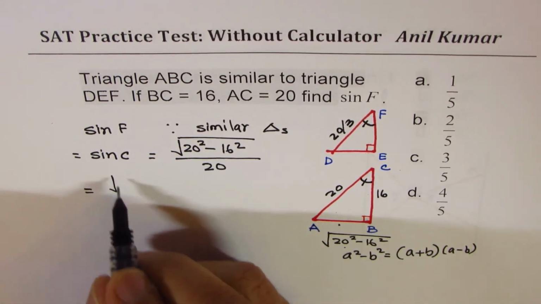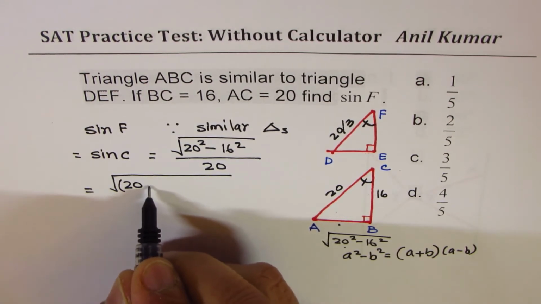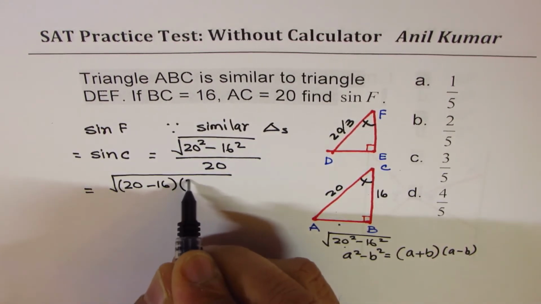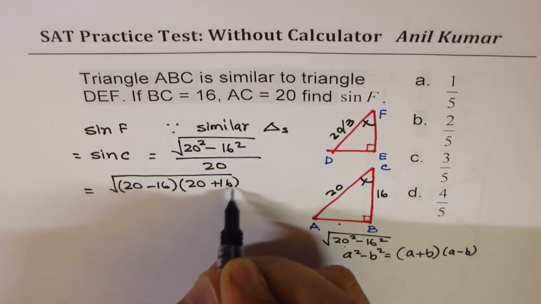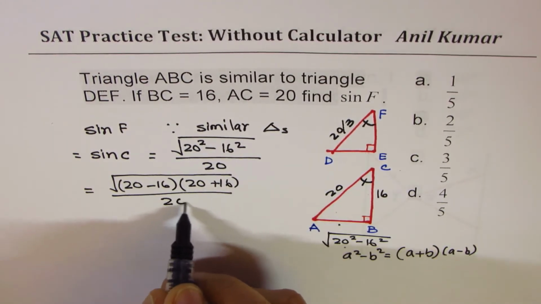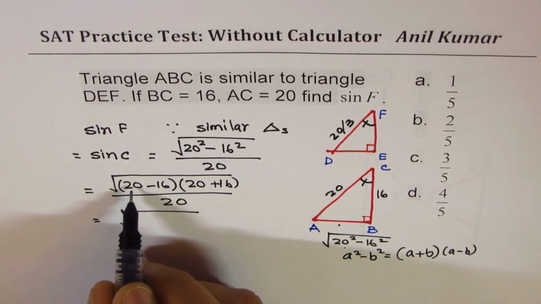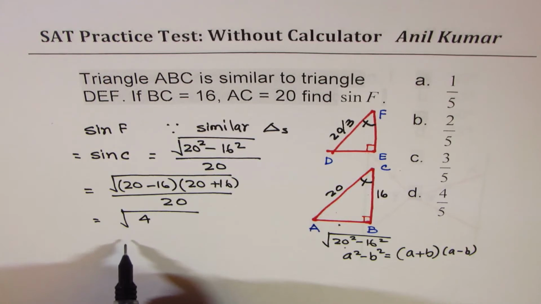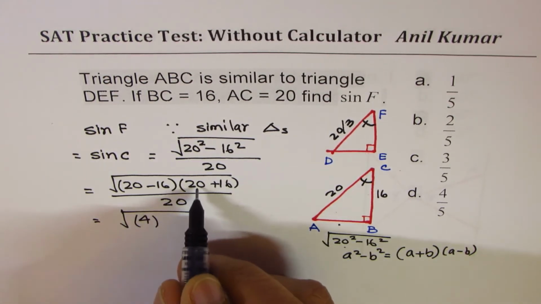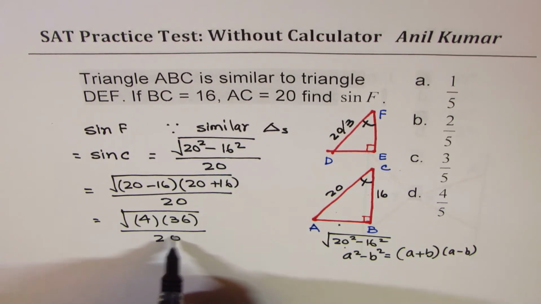So here we could write this as square root of 20 minus 16 times 20 plus 16, divided by the hypotenuse, which is 20. Now that gives you square root of what? 20 minus 16 is 4 and 20 plus 16 is 36, divided by 20.